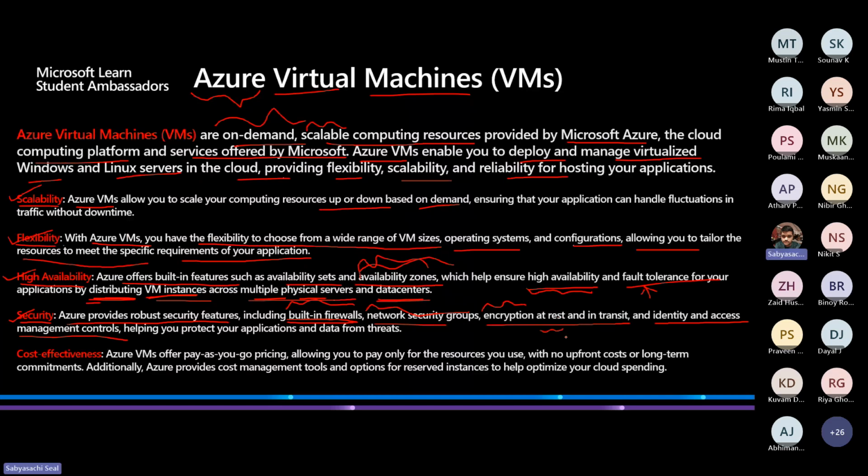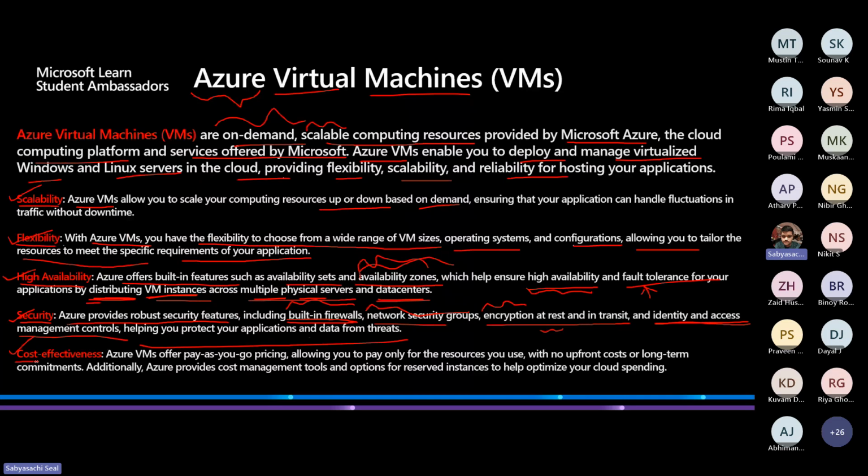At rest indicates that encryption is done when your data is not moving, that is, it's just stored in your files. And in transit means that when you're transferring your files from place A to place B or person A to person B, your data is also fully encrypted. Identity and access management basically helps with authorization and authentication. These two are more related to who is controlling all the stuff. And at the end, all of these help you protect your applications and data from threats.